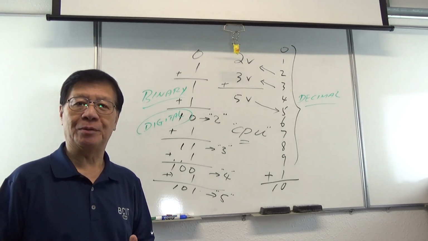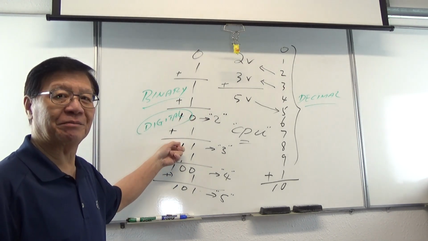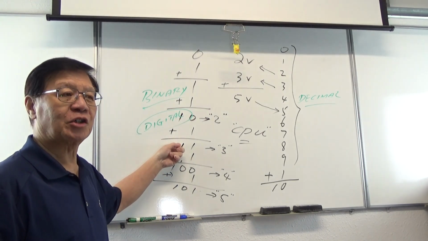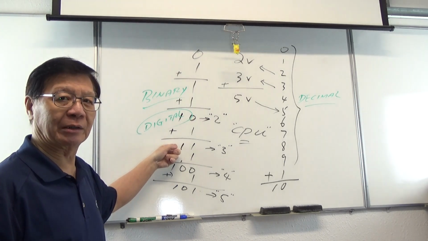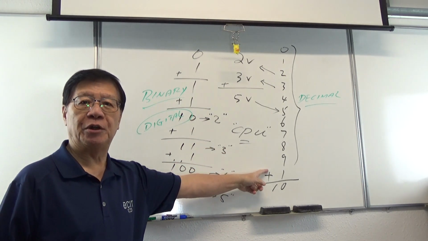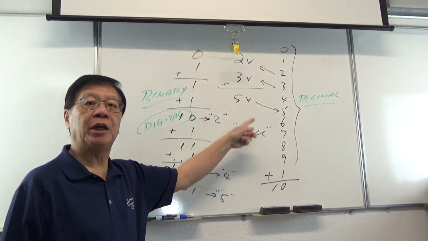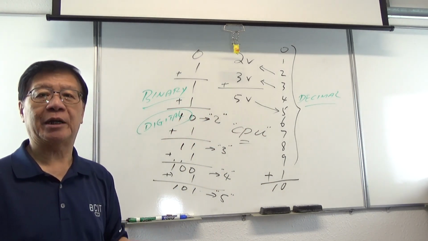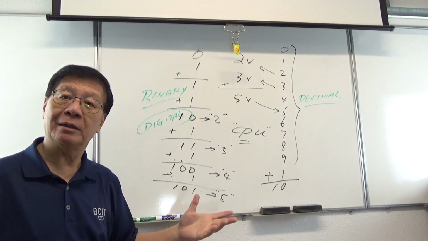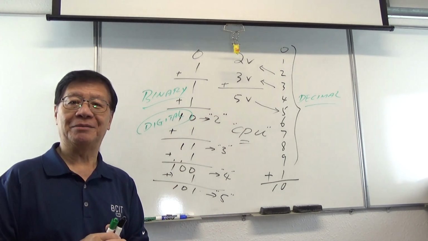It's very simple, so you have to get used to this system. All those computer codings, whatever, they convert from the decimal system into the binary system and let the computer do it. Why? Because of reliability.